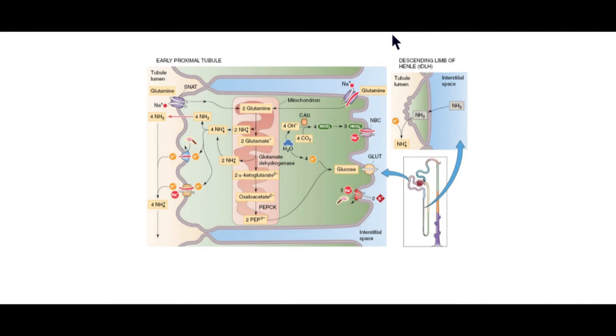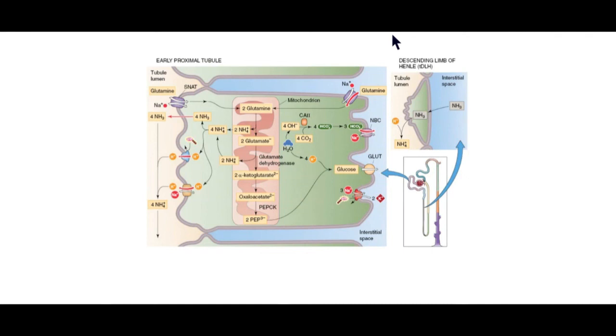All right, but the process involves the production of ammonium. Ammonium is something that we want to get rid of in the body. So it will cross into the tubular fluid of the proximal tubule, and those ammonia and protons will bind to make that NH4 plus that traps it inside of the tubular fluid.